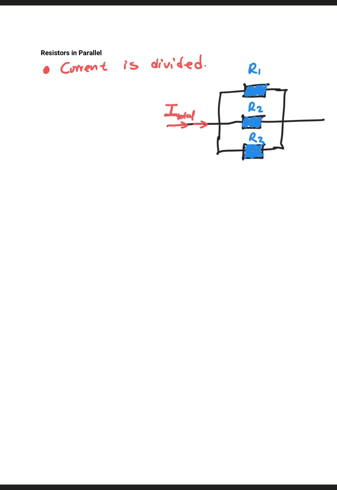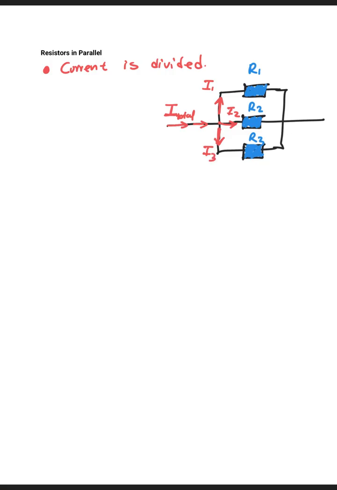When this current gets to this junction, it's going to be divided. One part of the current moves in this direction, another moves in that direction, and another in this direction. I'll call the one that moves towards R1 I1, the one that moves towards R2 I2, and the one that moves towards R3 I3.